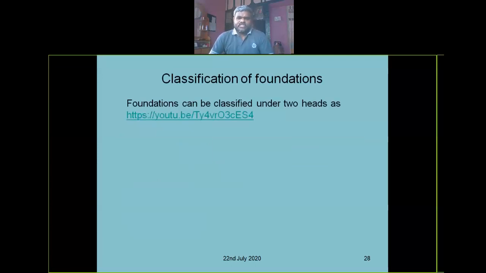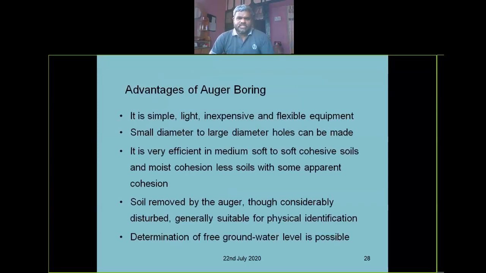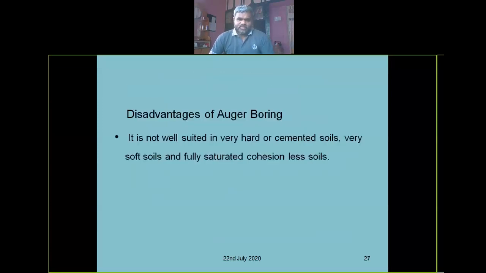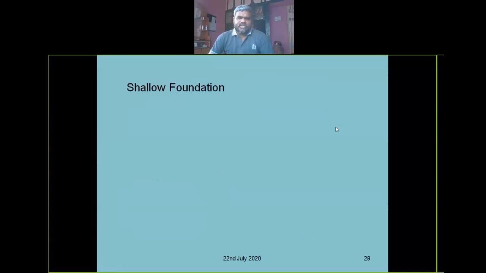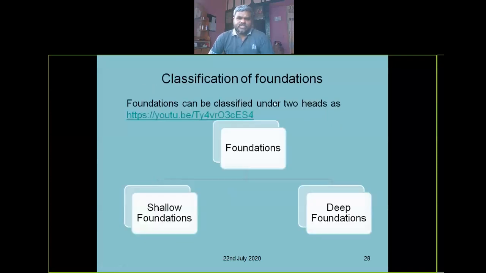And next, we come across different types of foundations, right? Okay, different types of foundations we can see. First we'll see this video. Foundations can be classified into two types, shallow foundations and deep foundations.